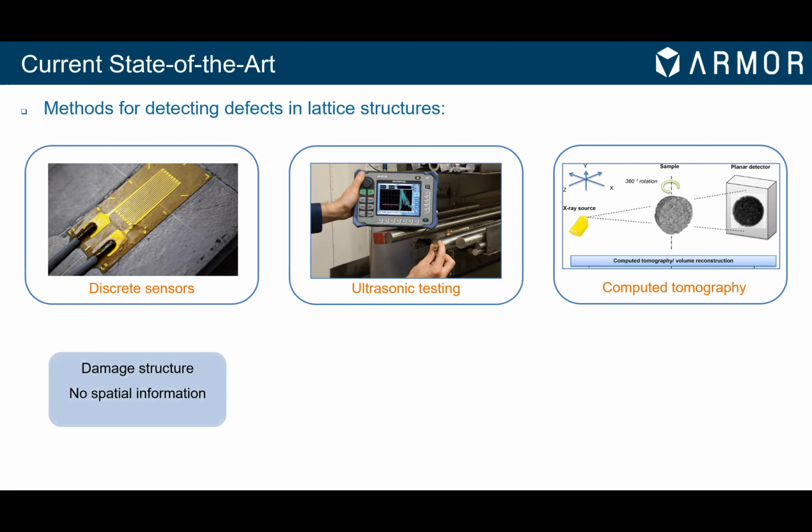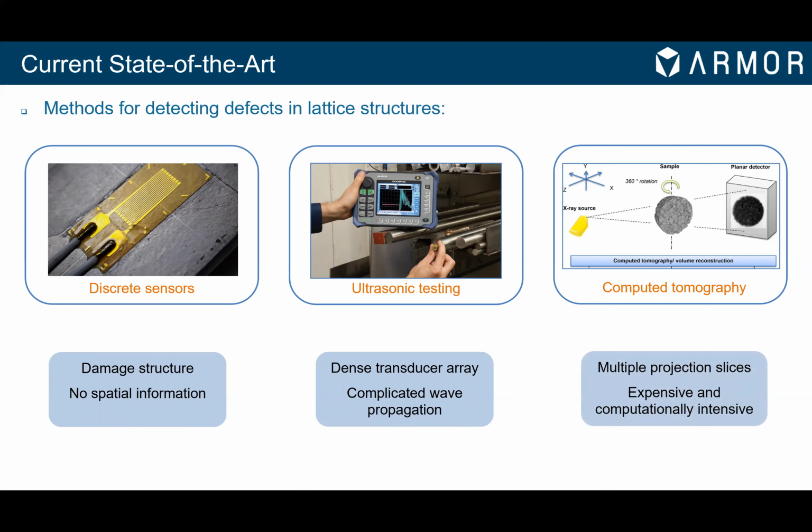However, we also know that these techniques suffer from some inherent challenges. For instance, discrete sensors are effectively point sensors, and we can only obtain information where these sensors are instrumented. Ultrasonic testing can require very dense transducer arrays and typically entails very complicated wave propagation patterns in order to reconstruct an accurate representation of the entire structure and where damage might be located.